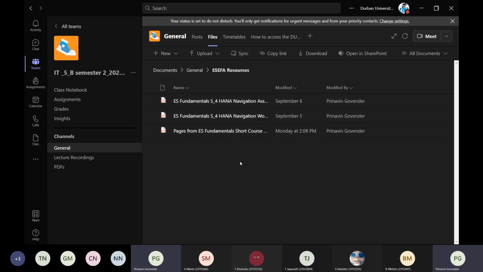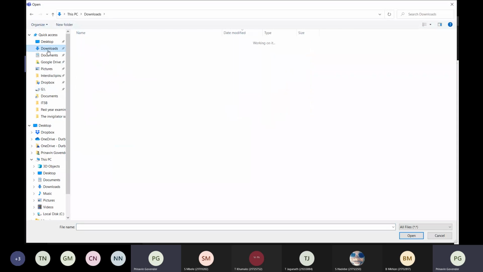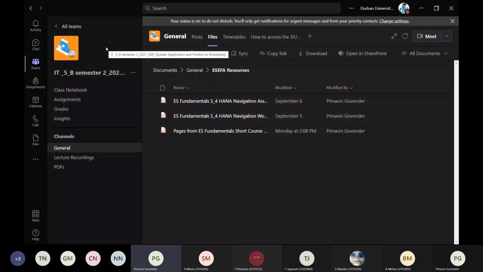The first one was how you navigate in S/4HANA. Then I had the fundamentals of the Zambikes company. And now I'm going to upload the file that says procure to pay. Let's go to procure to pay. There it is, right? Procure to pay.